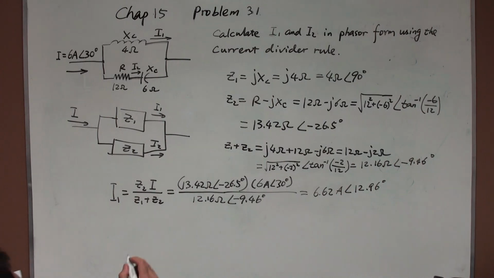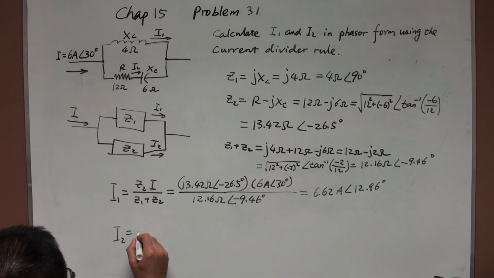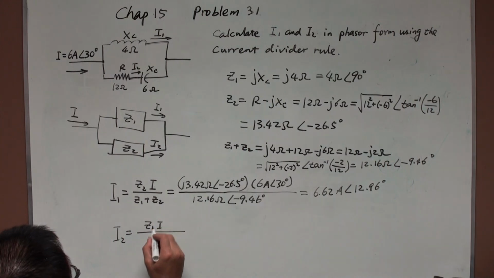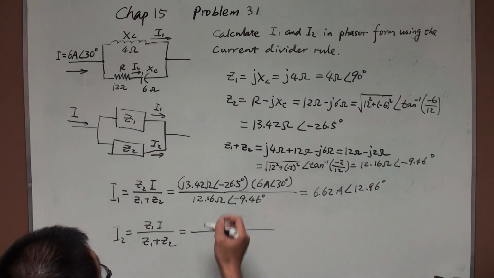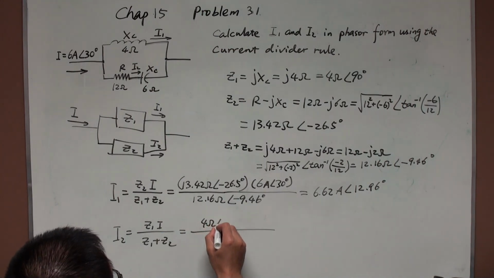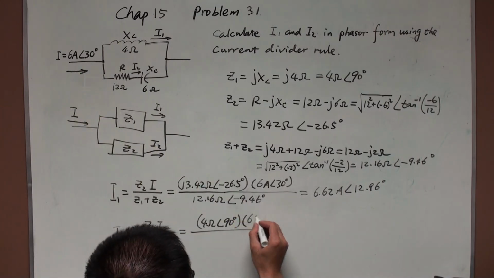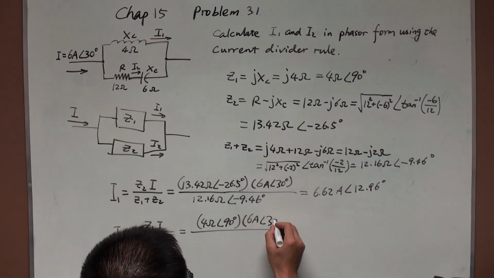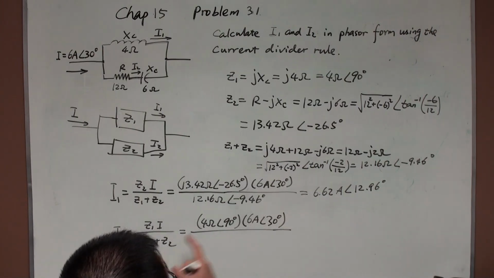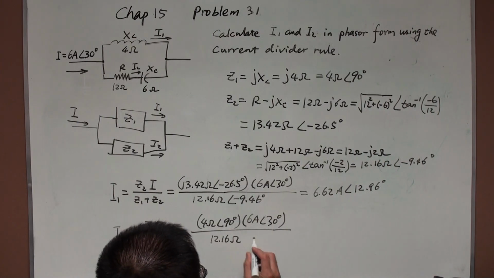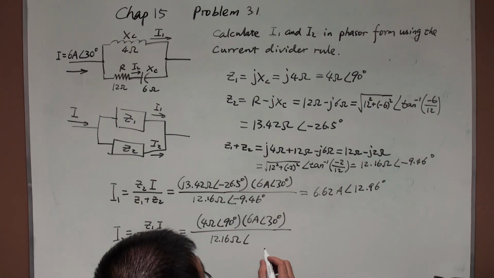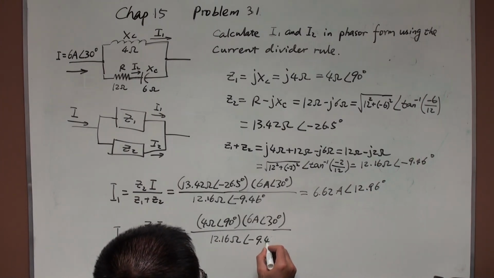Then for I2, again with the current divider rule, you have Z1 times I over Z1 plus Z2. So Z1 is 4 ohms with 90 degrees, times I, which is 6 amps with 30 degrees, over Z1 plus Z2, which is 12.16 ohms with an angle of negative 9.46 degrees.